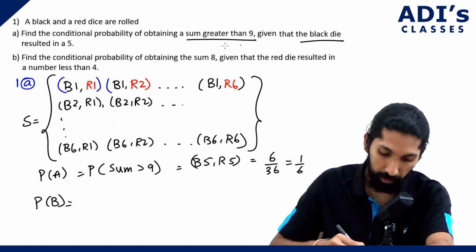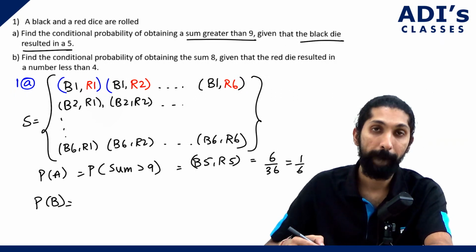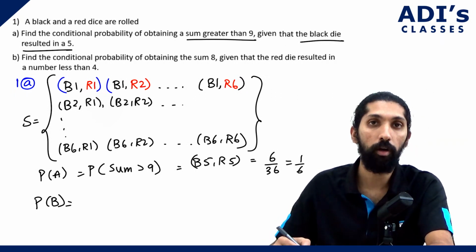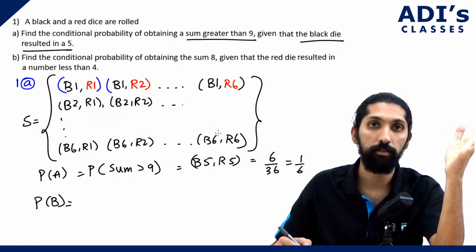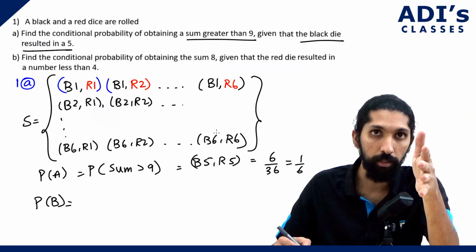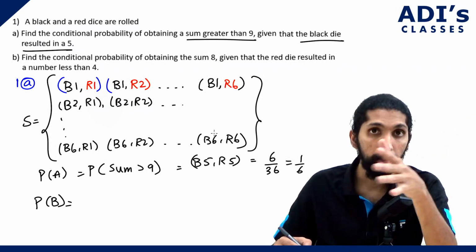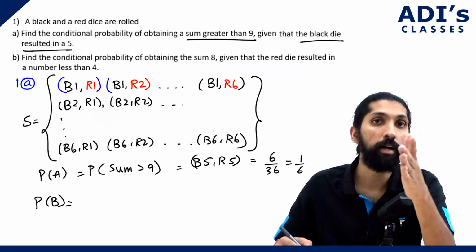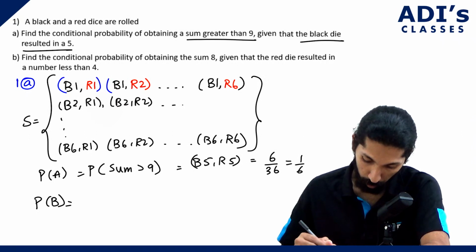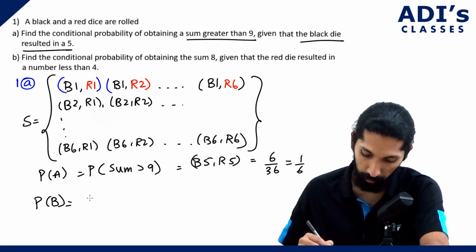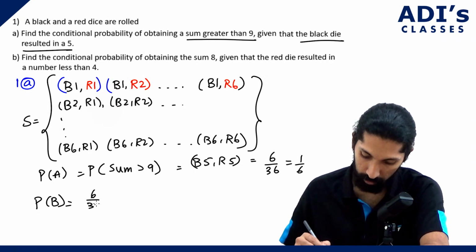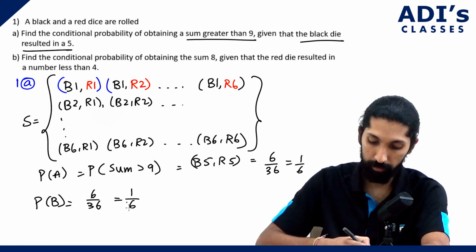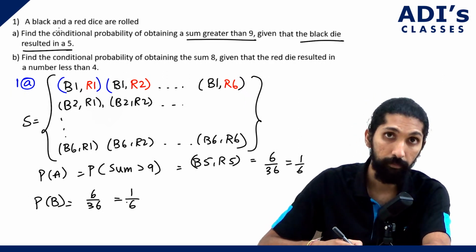Right? Now P of B is what? Given that the black die resulted in a 5. Black die resulting in a 5 is what? 1, 2, 3, 4, 5, 6. It's B5, R1, B5, R2, B5, R3 till B5, R6, correct? So totally we have 6 out of 36. That's 1 over 6. Makes sense?